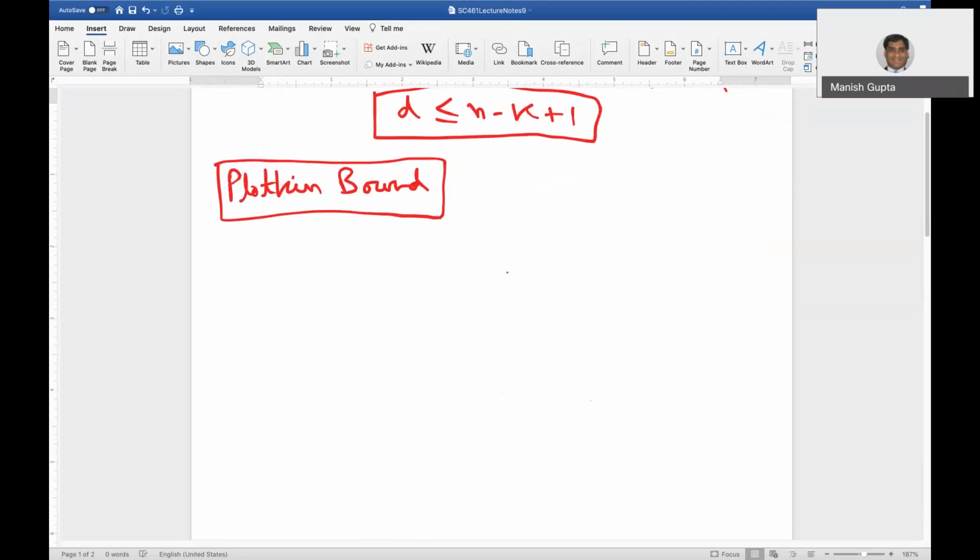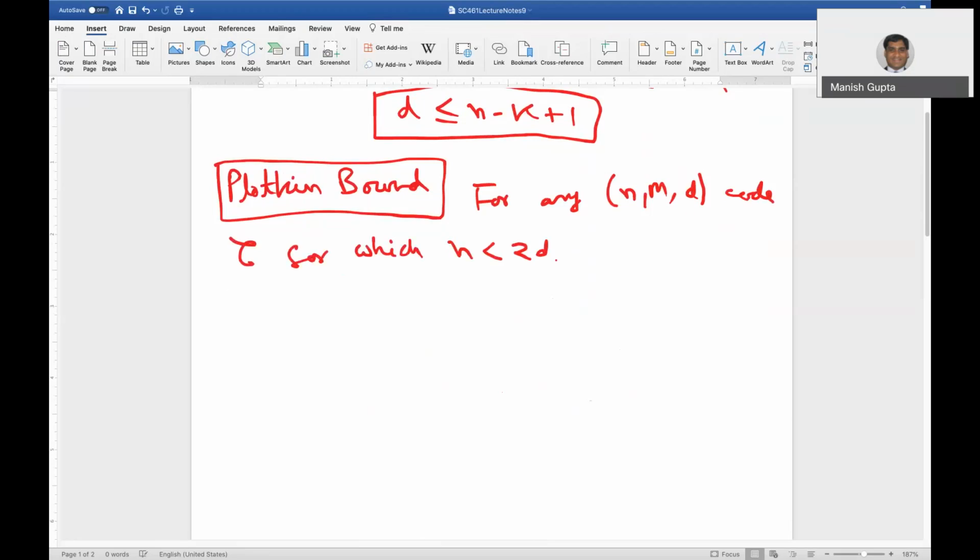So Plotkin bound. Plotkin bound can be stated like this: for any (n, M, d) code C for which n is less than 2d, we have that the total number of code words capital M cannot exceed 2 times d divided by (2d minus n).